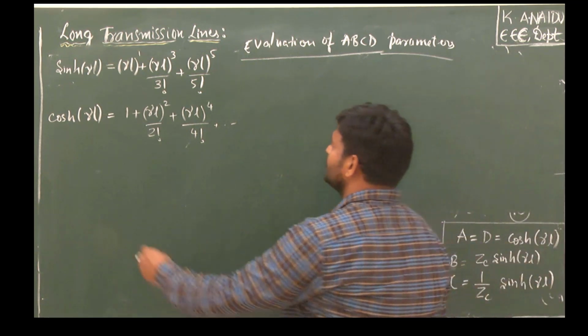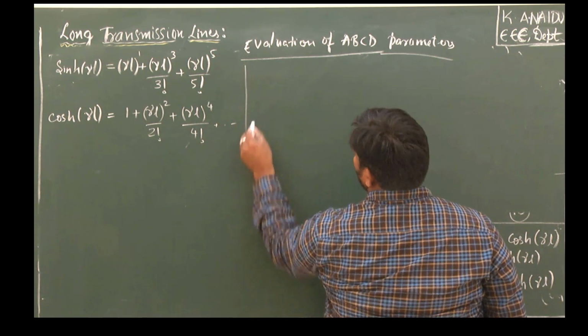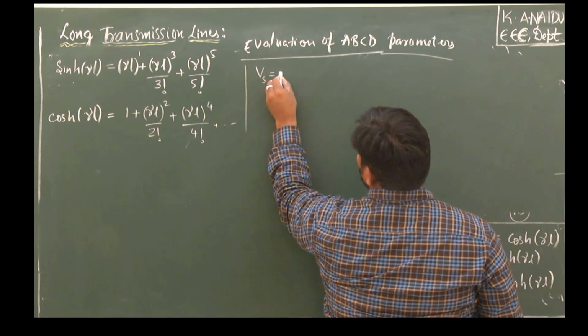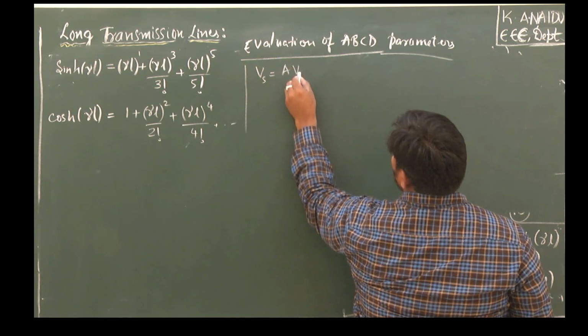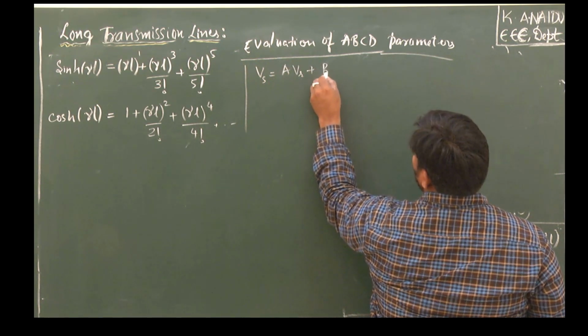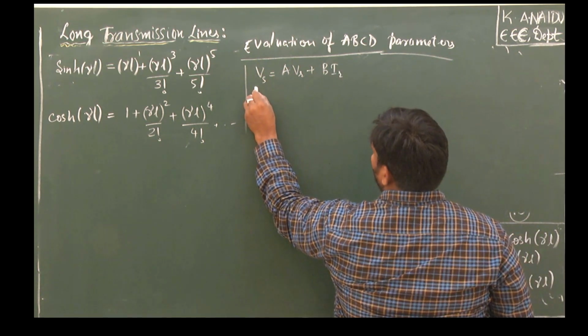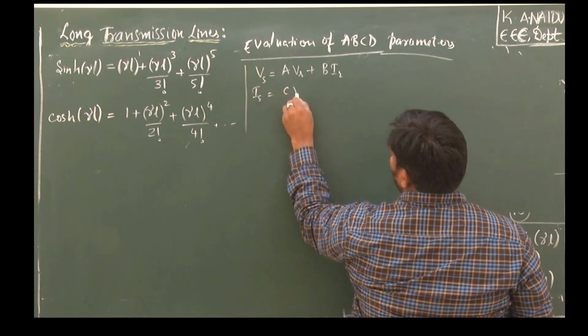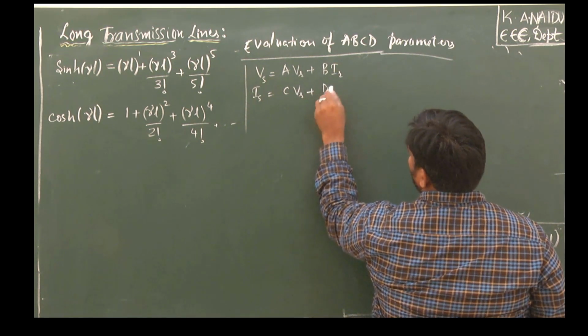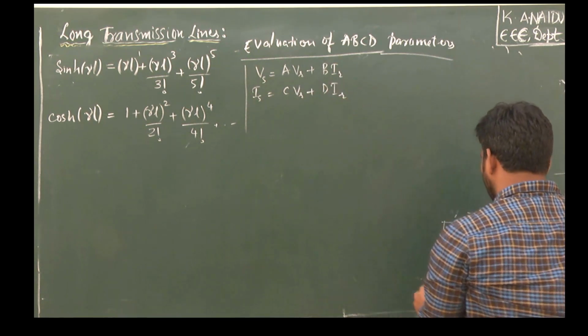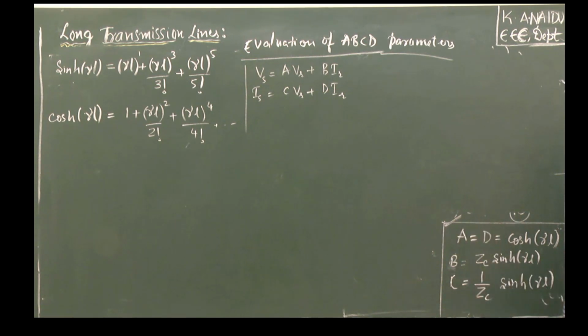Okay. So here we have the equations Vs is equal to A VR plus B into IR, and IS is equal to C VR plus D into IR, where ABCD are given here. Okay.